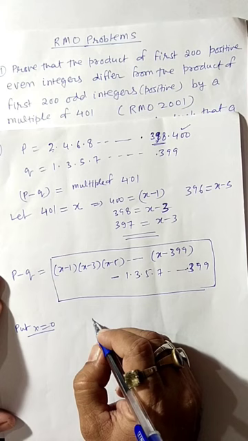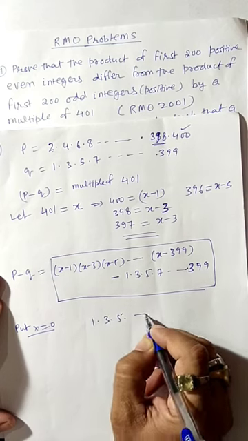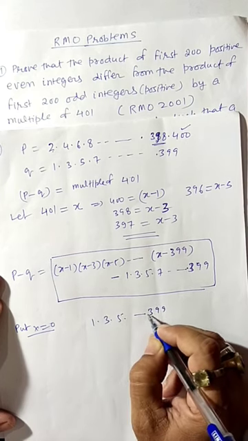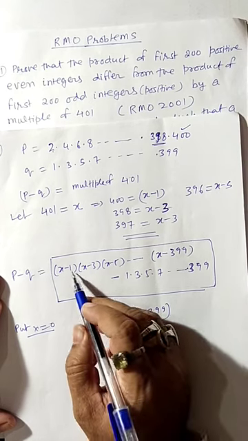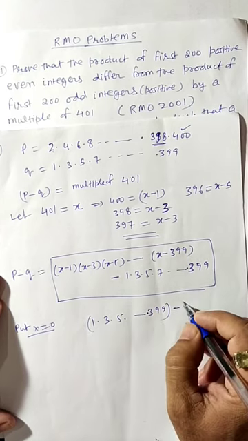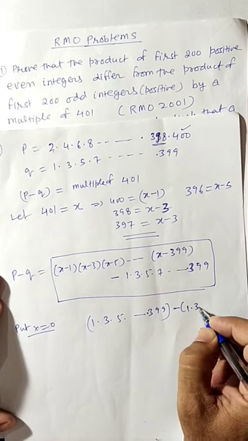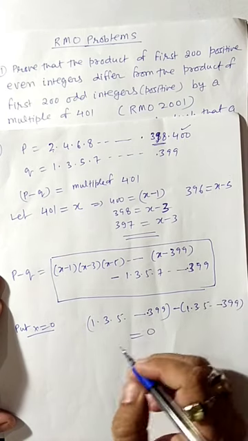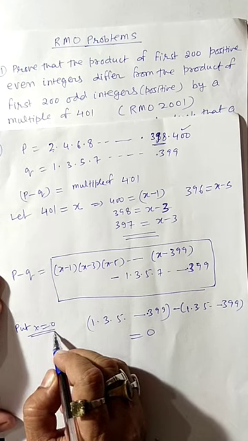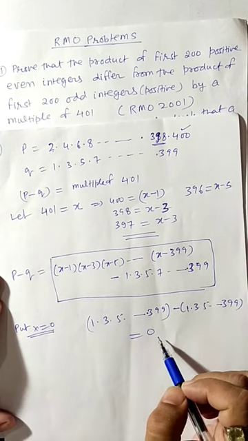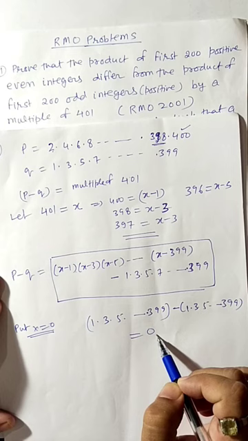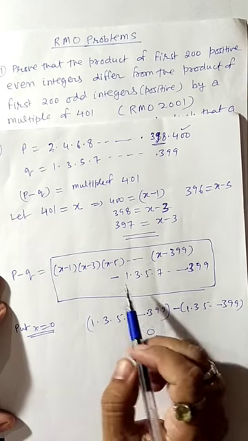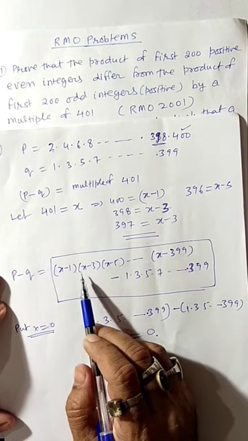We get 1 into 3 into 5 up to 399. Since there are 200 terms, all the minus signs will be covered. Minus 1 into 3 into 5 up to 399. By putting x equal to 0, we get the value of the polynomial as 0. That's why we can say that x is a factor of this polynomial.